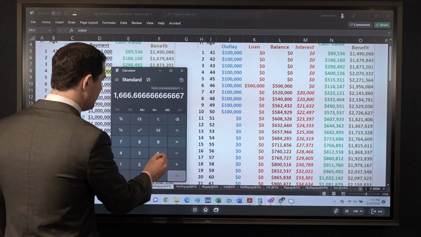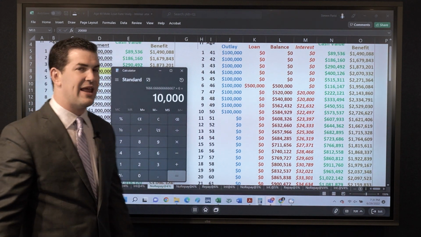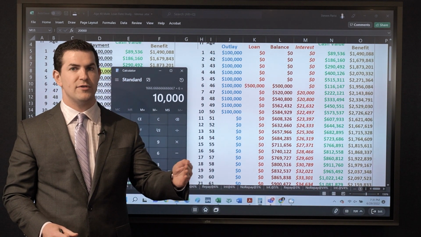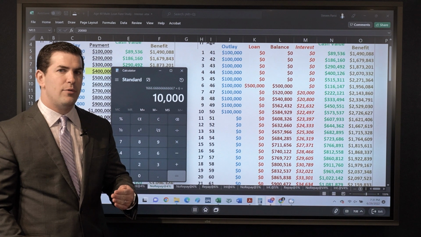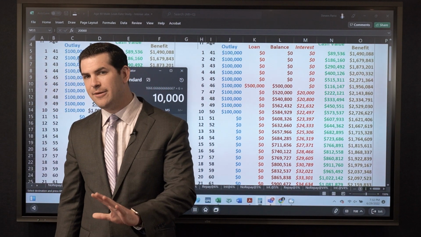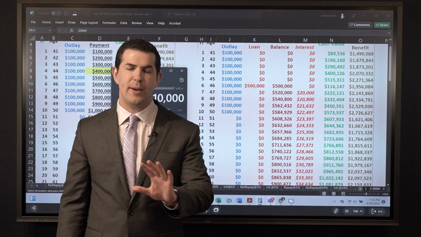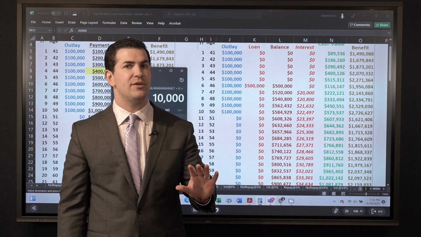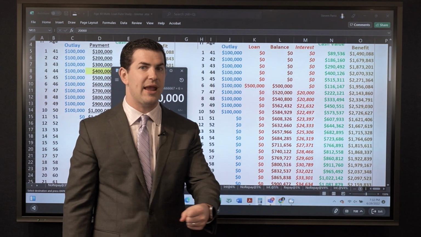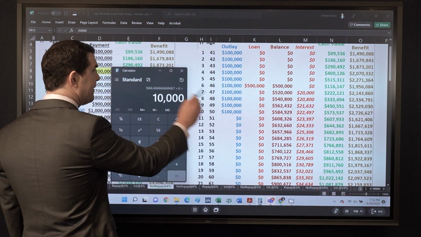What would happen here is you'd have $10,000 in loan interest that has accrued because it's simple interest over the course of the year. Now, when that loan interest comes due, if you don't pay anything back, the loan interest comes due, you don't pay a penny toward it, what'll happen is the policy will take a loan against itself to cover that loan interest. As a result, it begins to compound.